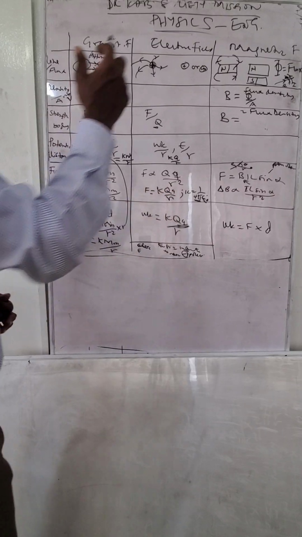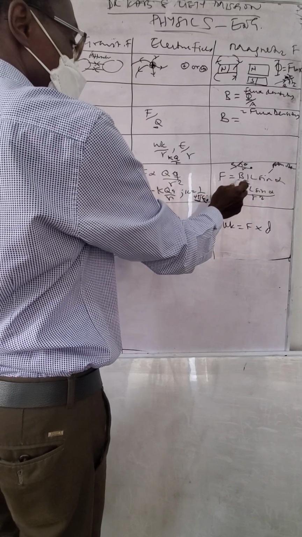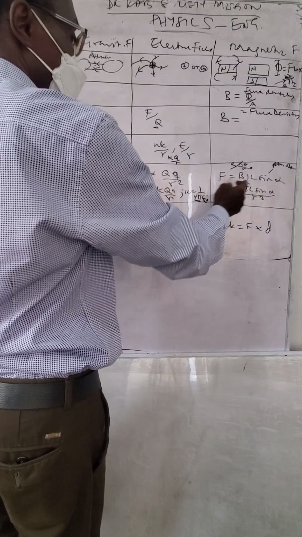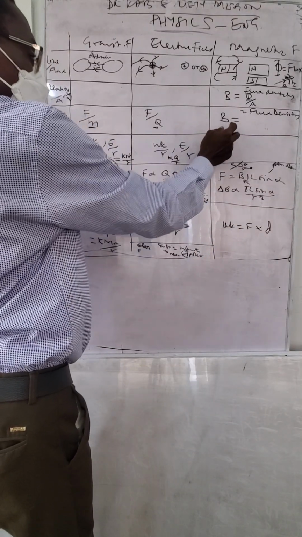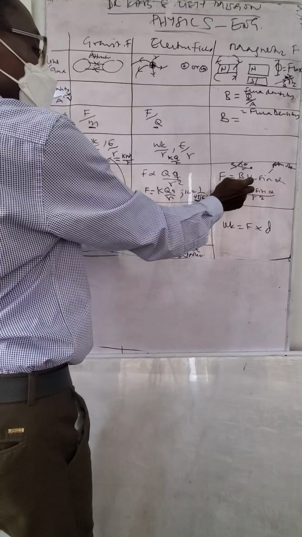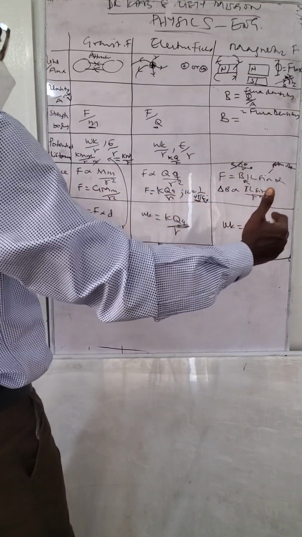Okay, so then if you come to magnetic field, you see that force is defined by this expression. The force is proportional to the magnetic flux density. It's also proportional to the current flowing, and to the length of the wire in which the current is flowing.